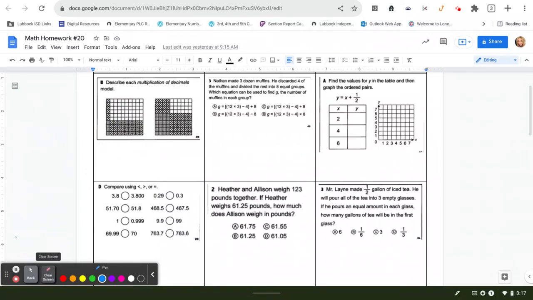So let's look at the next one. This one has 1, 2, 3, 4/10ths times 1, 2, 3, 4, 5, 6/10ths.